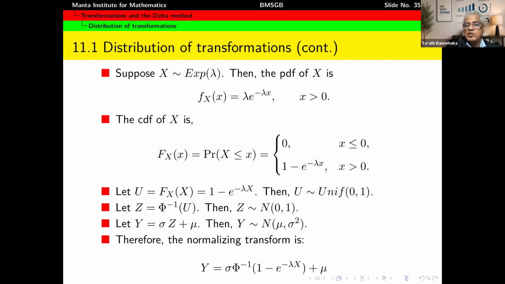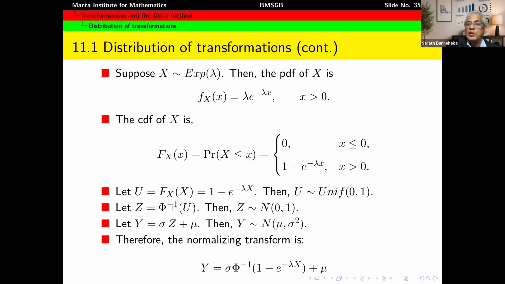Right. We demonstrated this in the previous part by generating some data. And then define Z to be phi inverse of U, where U is these data here. So we can, for example, use qnorm.